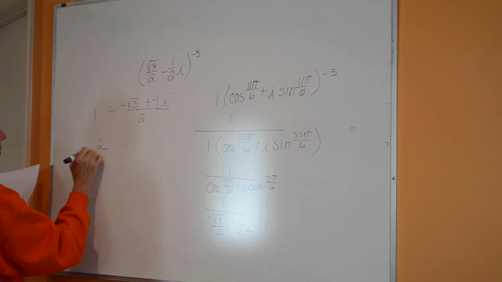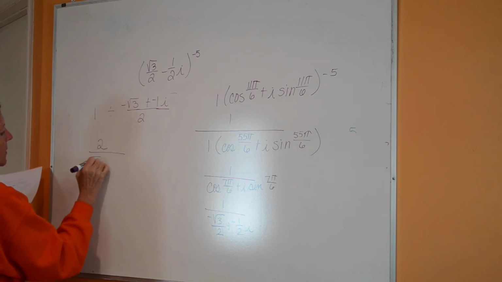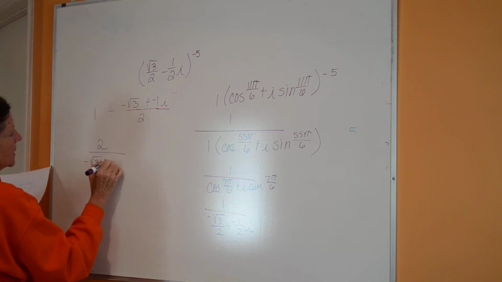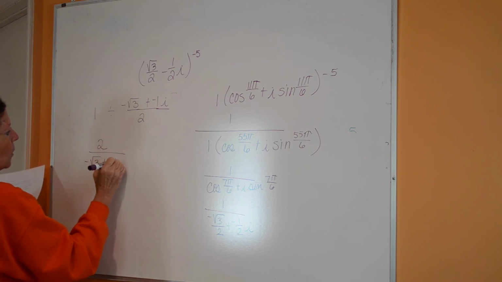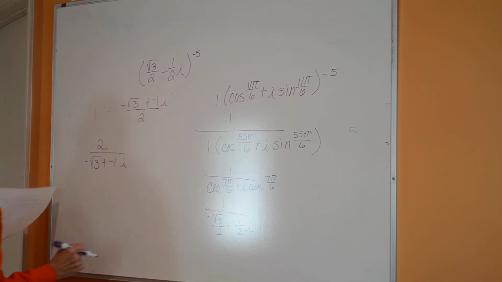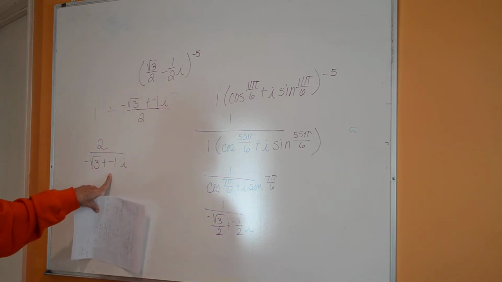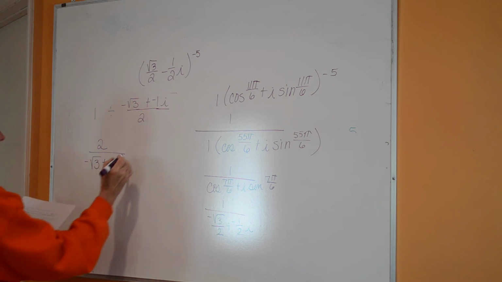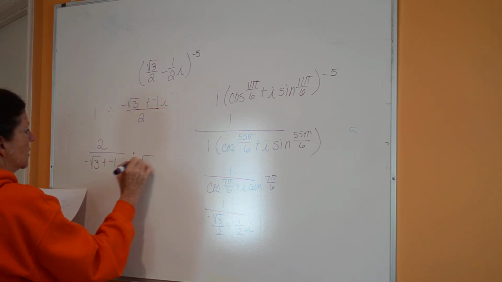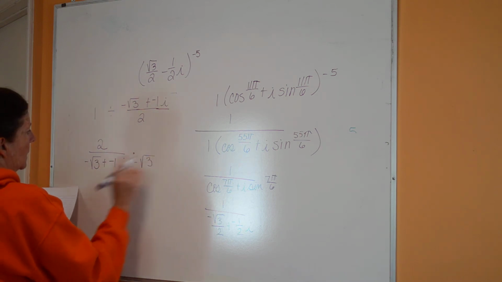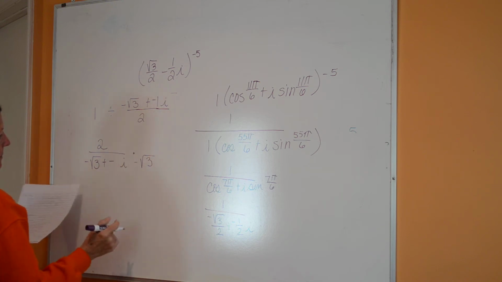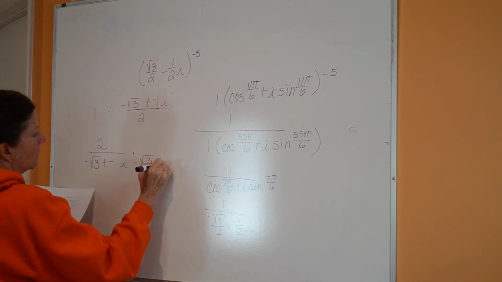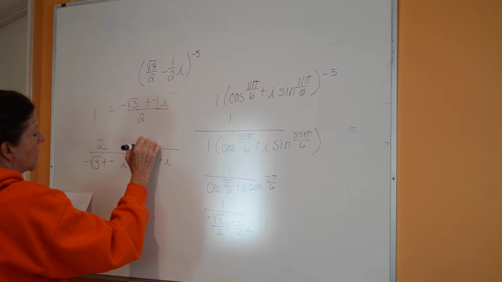So I have a 2 on the top, and I have a negative square root of 3 plus negative 1i. I've got to get rid of the square root and the i on the bottom, so I am going to multiply by its conjugate. So negative 3, and if you look at that, that's minus i. So I'm multiplying by negative square root of 3 plus i, the top and the bottom.